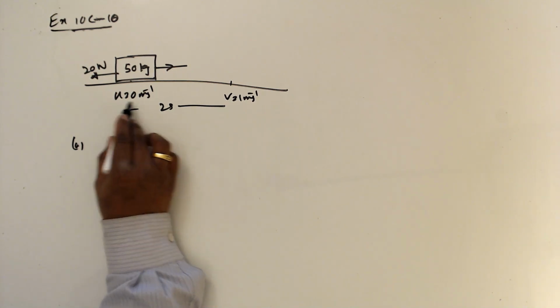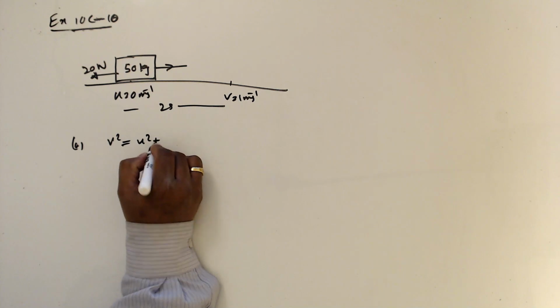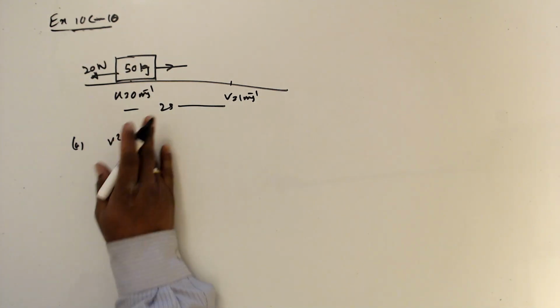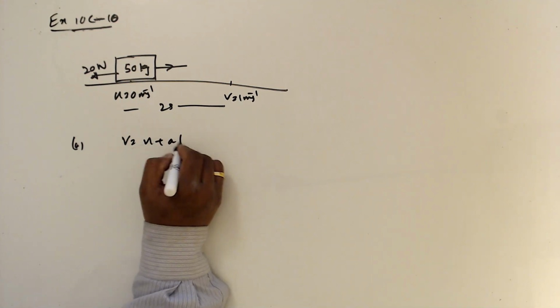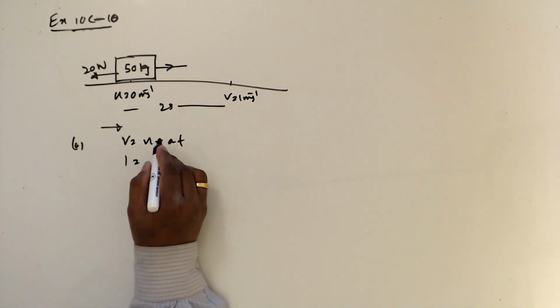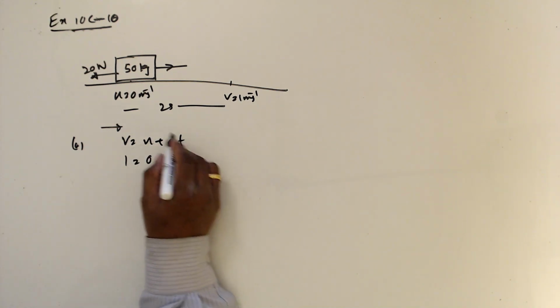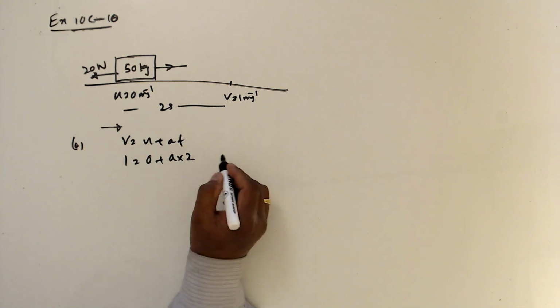So we can use v squared equal u squared plus, no, we can't do that. v equal u plus at in this direction. So v is 1, u is 0, plus a we don't know, and t is 2.